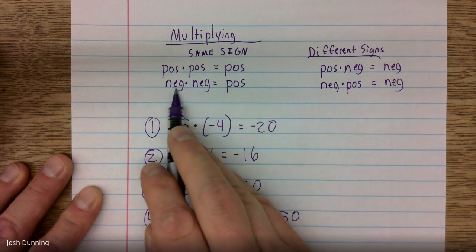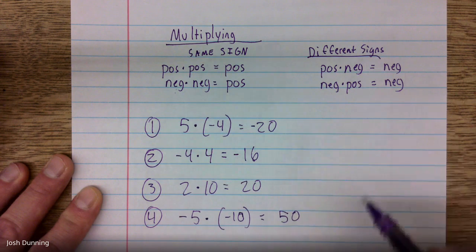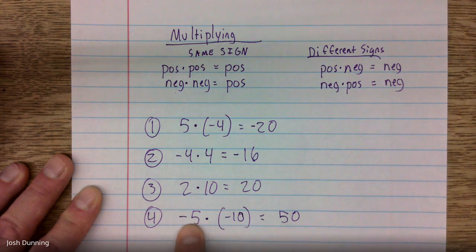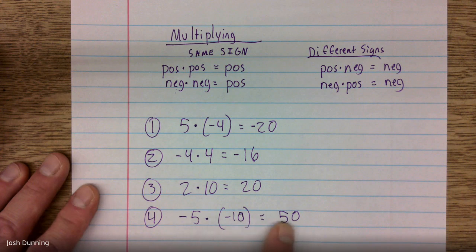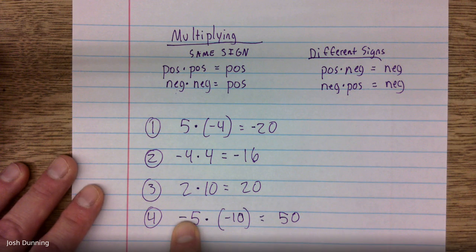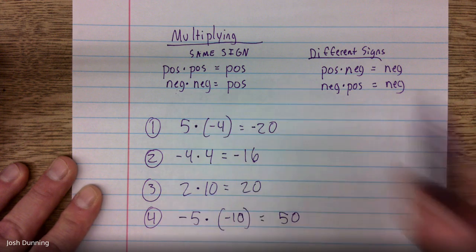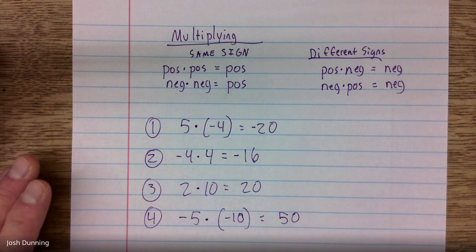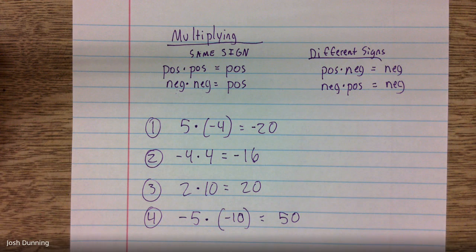A negative times a negative, again, same sign. Opposite once. You don't have to go through this every time. I'm just reminding you why this works the way it works. Opposite sends you the negative. The second opposite sends you back to the positive. So positive 50. Negative times a negative is a positive. Just kind of just like subtracting a negative, you changed it to add the positive.